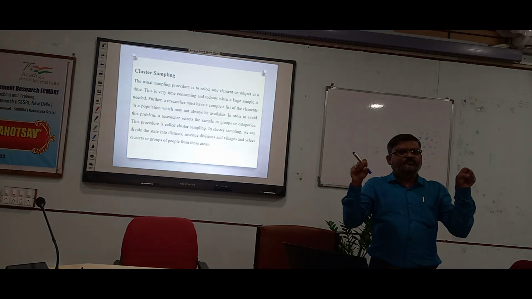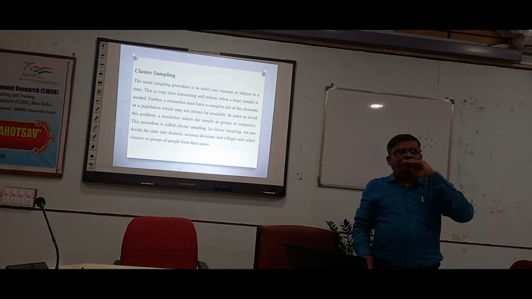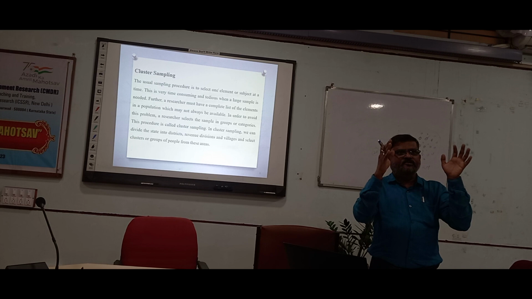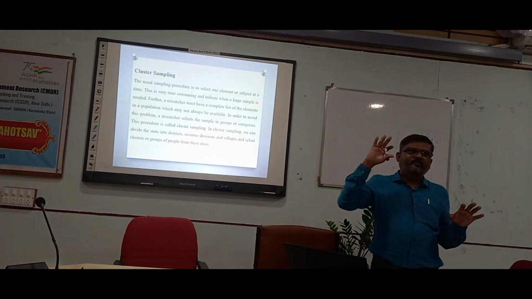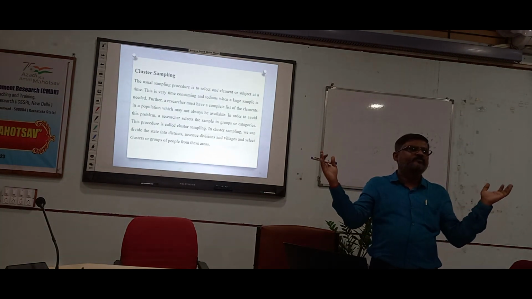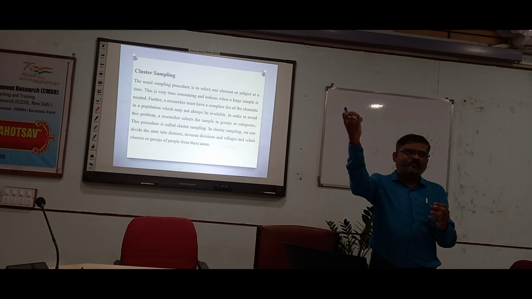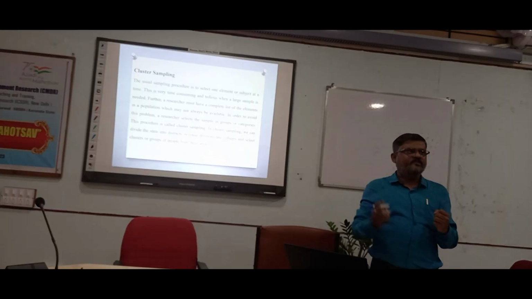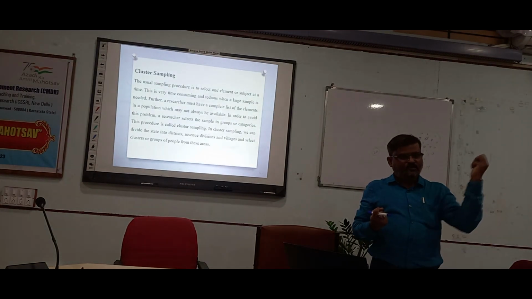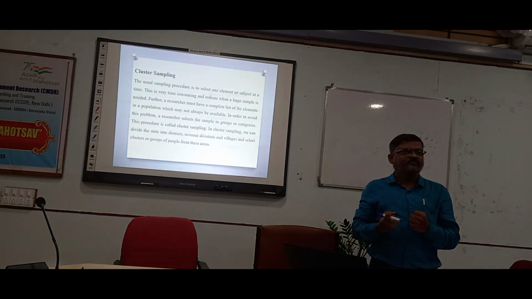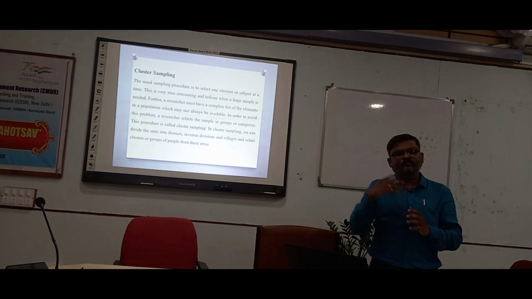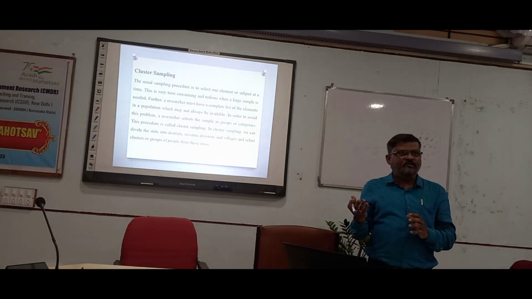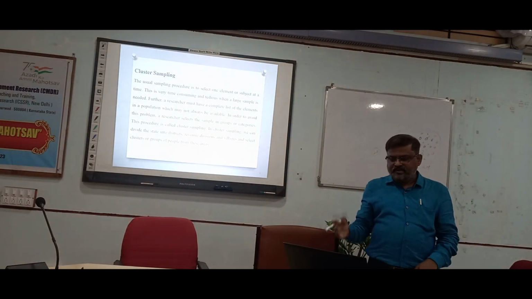Suppose one group has certain homogeneous characteristics and another group has other homogeneous characteristics. You cannot mix both. So samples will be drawn from the homogeneous group, and another sample from the other group. Then we mix up all those and conduct the research. That is what we call cluster sampling.